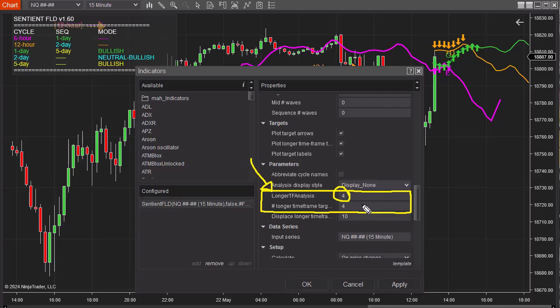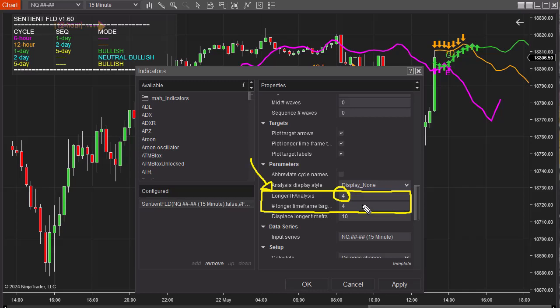And so for a 15-minute chart, for instance, the indicator will load 4 extra time frames, in this case the 30-minute time frame, the hourly time frame, the 4-hour time frame, and the daily time frame. It will load the data for those time frames, and it will start its analysis with the longest time frame, in this case the daily time frame.